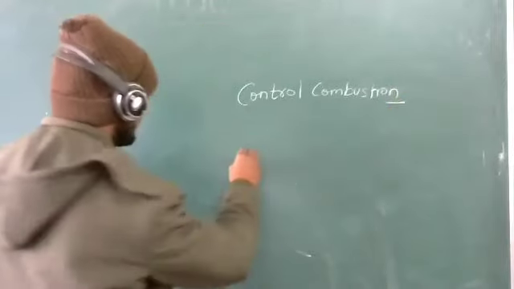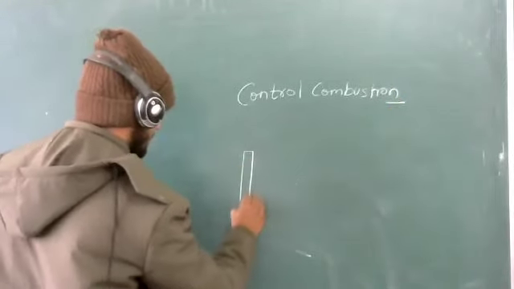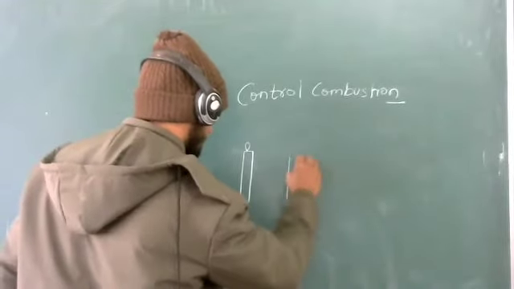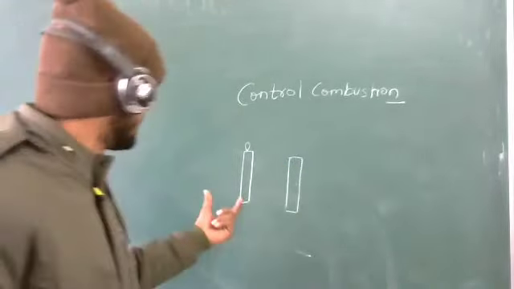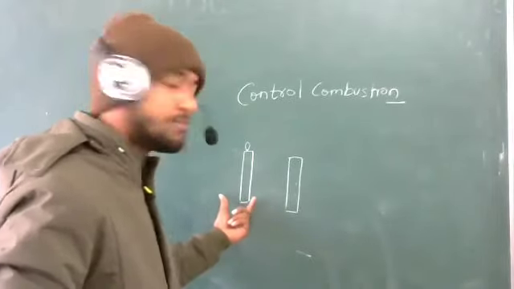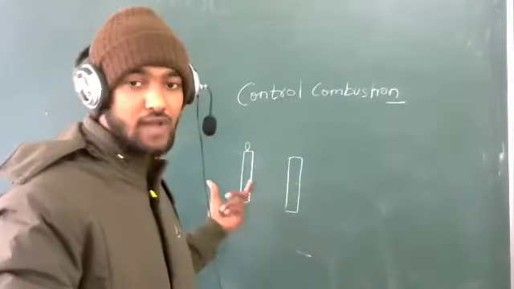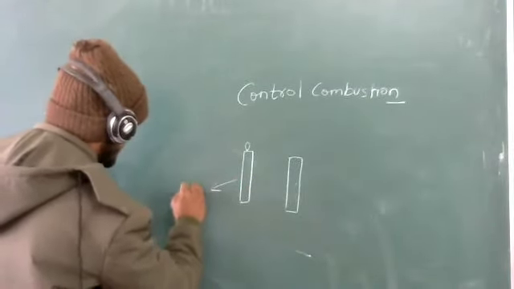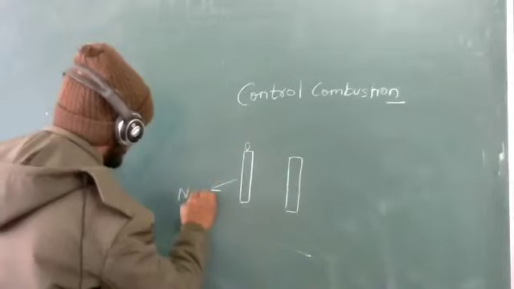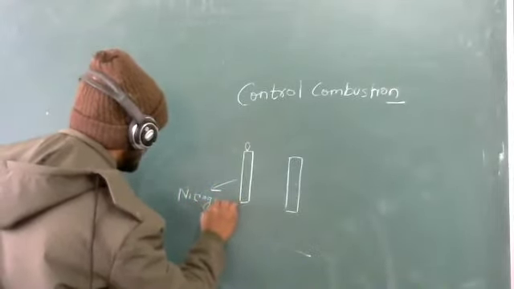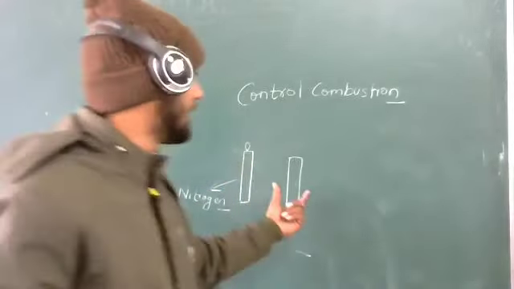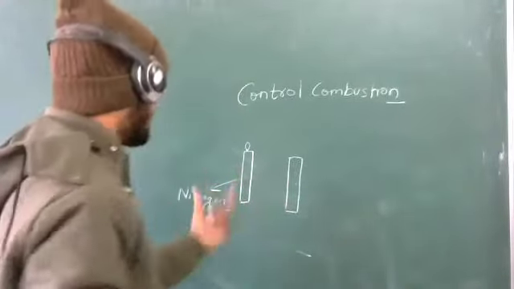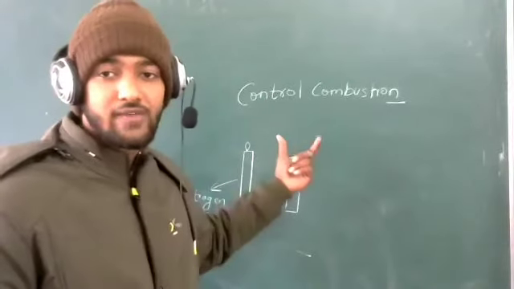Suppose we take two cases, one candle and a second one. One we light in the presence of air, means air is present, so nitrogen is also present. So this candle is lighting in the presence of nitrogen. Second, we light the candle in the absence of nitrogen. Nitrogen controls the combustion, or burning.